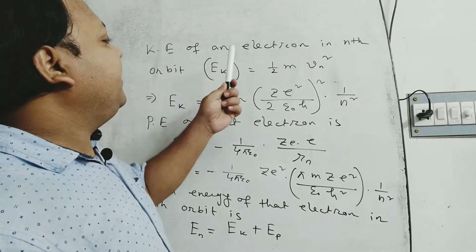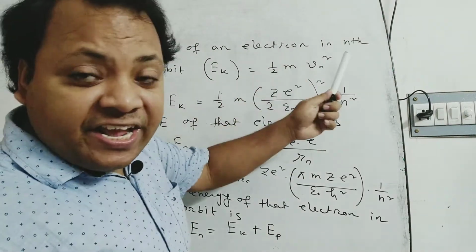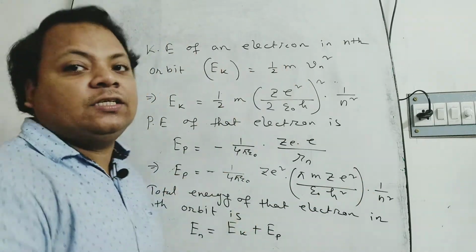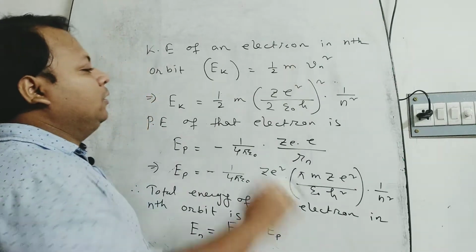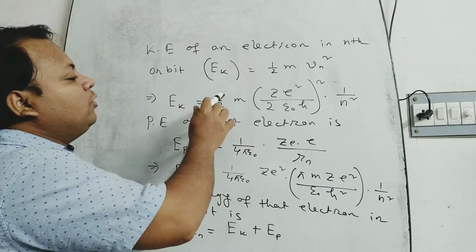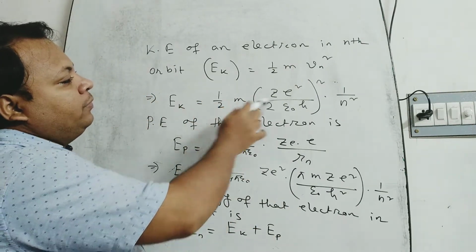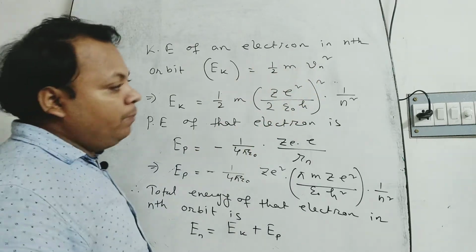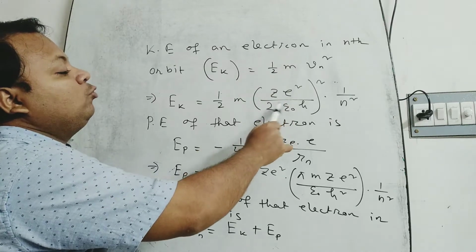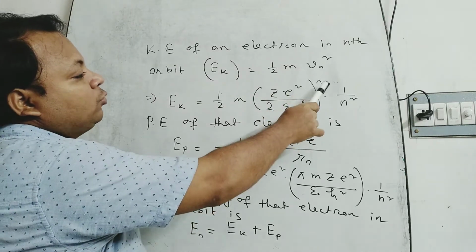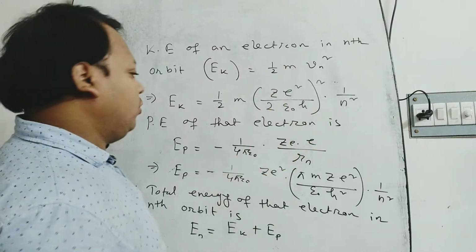Now the kinetic energy of an electron in the nth orbit is Ek equal to half m Vn square. That is, Ek is equal to half m into, now putting the value of Vn, we have Ze square by 2 epsilon 0 h whole square into 1 by n square.